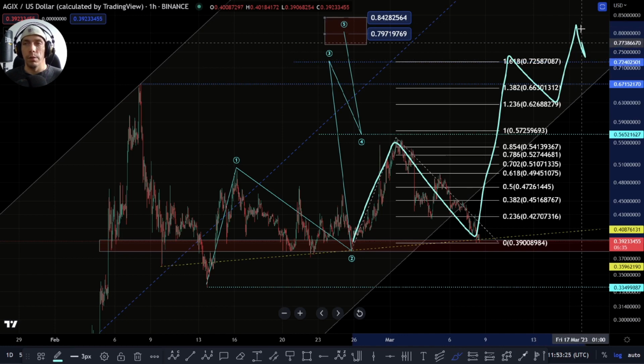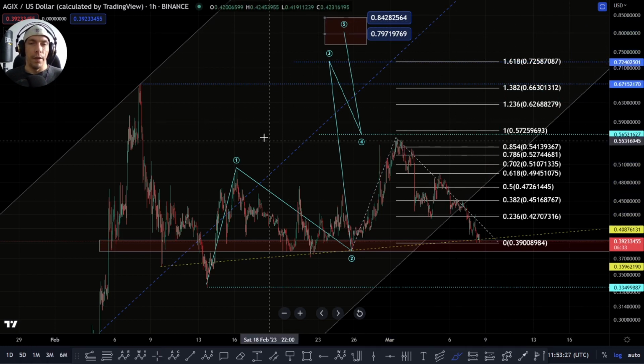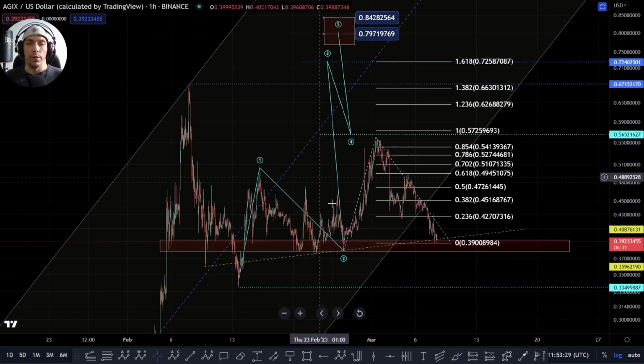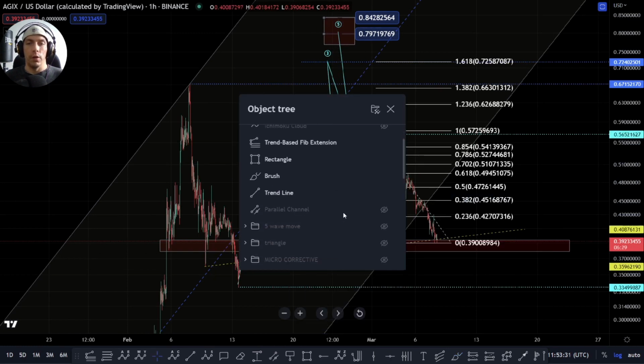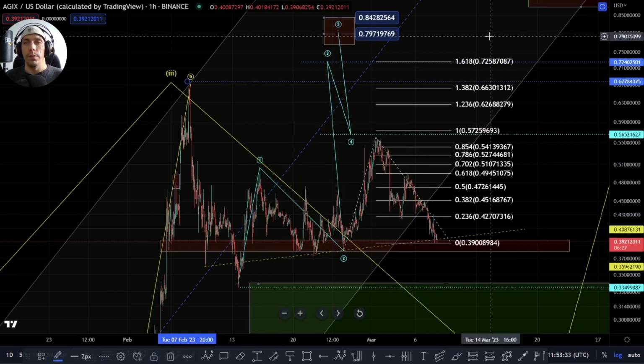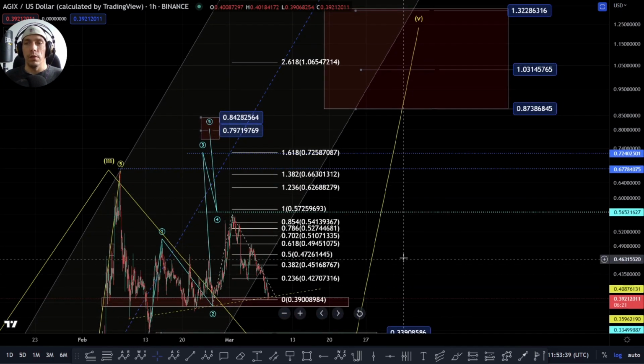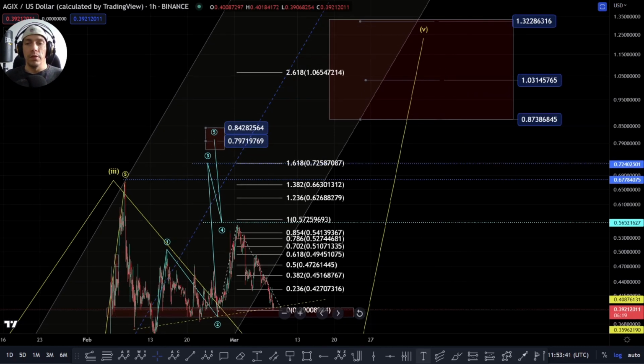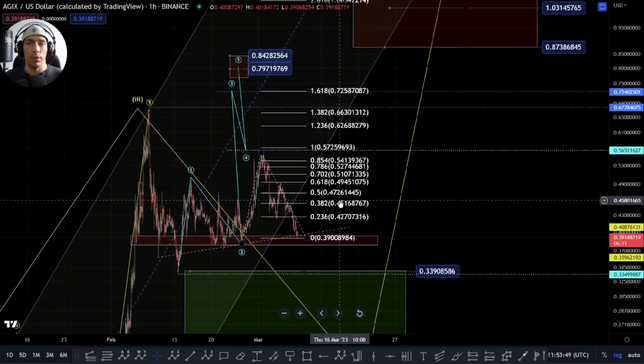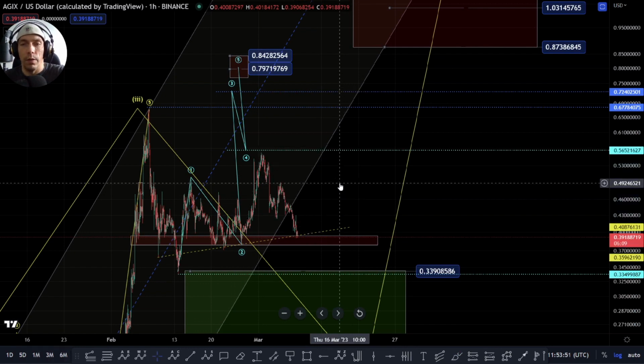Then potentially we'd get another fourth and a fifth, and that would complete this sequence to the upside, looking for that target zone of this fifth wave, which is up here towards this 132 to this 87 cent range. Obviously, a big psychological level here, if we do move up, would be that $1 area. I think that could be quite a big psychological area if we do get up into that zone. So keep an eye out on that.